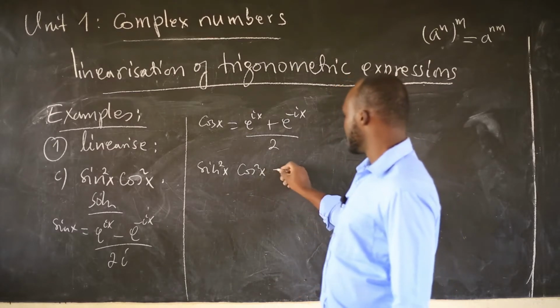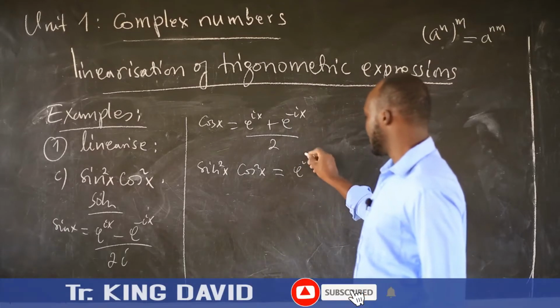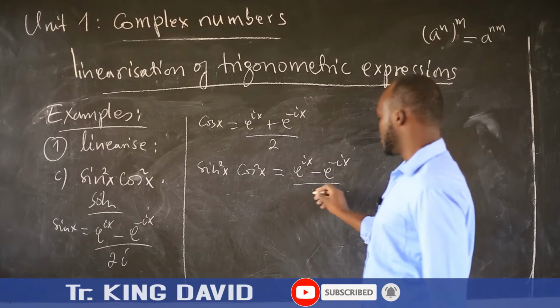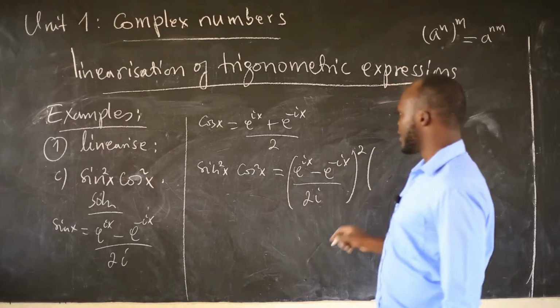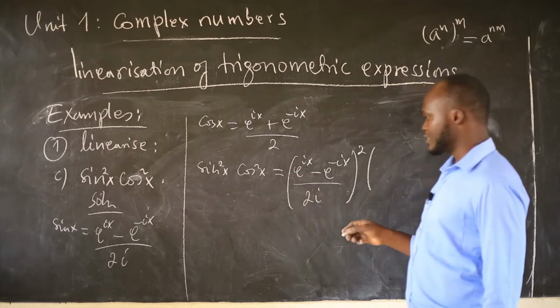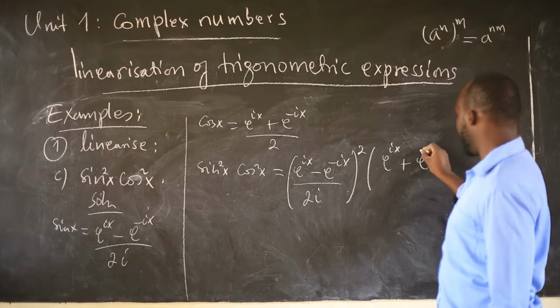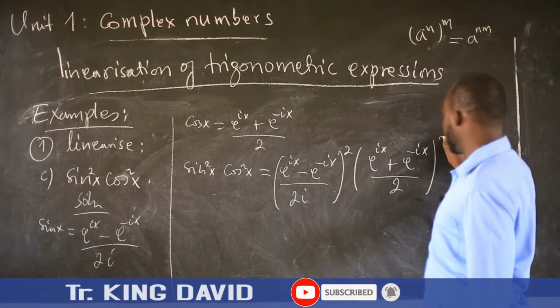So the answer will be equal to the value of sin x, squared, which is e power ix minus e power negative ix over 2i, then squared, into bracket times cos x squared, e power ix plus e power negative ix over 2, then squared.